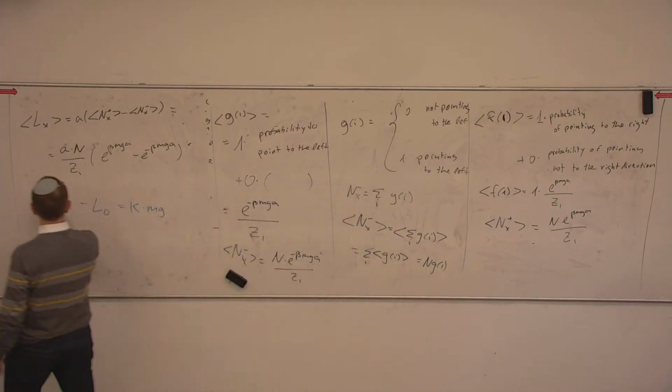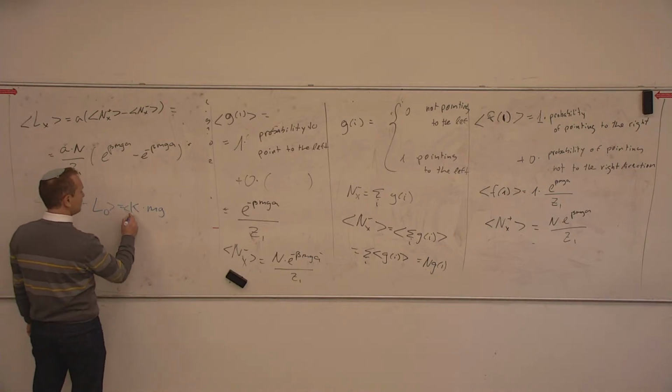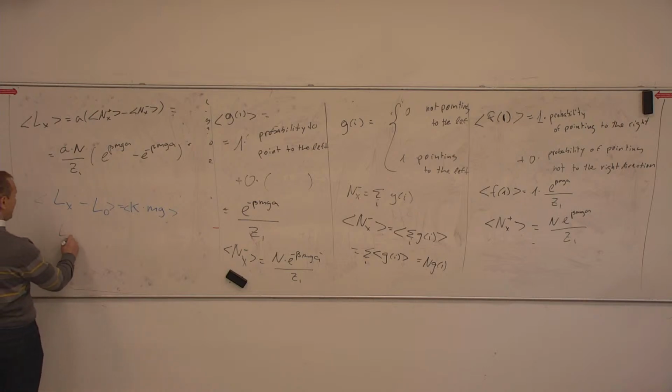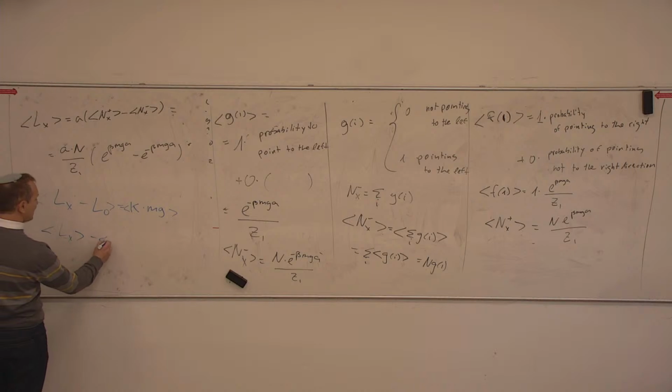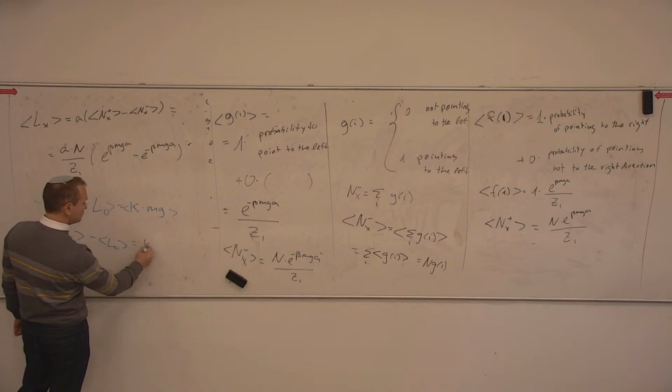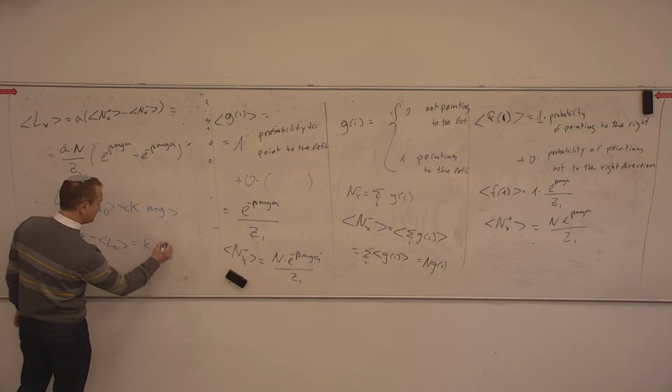So I'm taking the averages of the left-hand side and the right-hand side. I have average Lx minus L0, which is constant, equals K multiplied by mg.